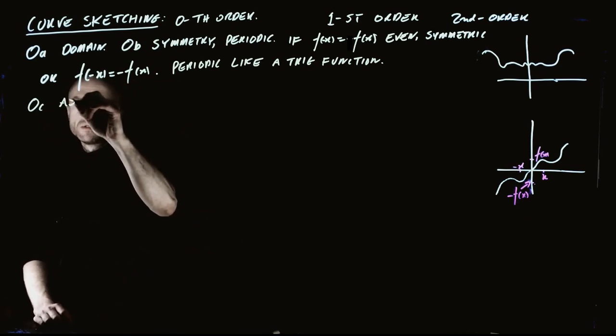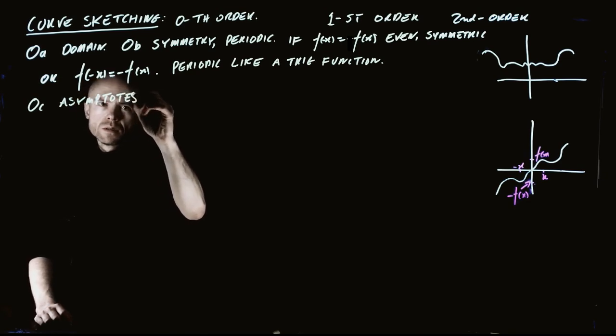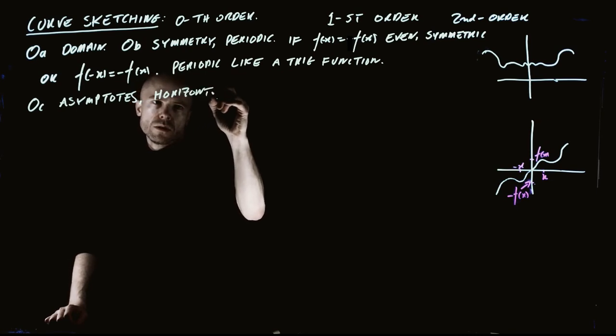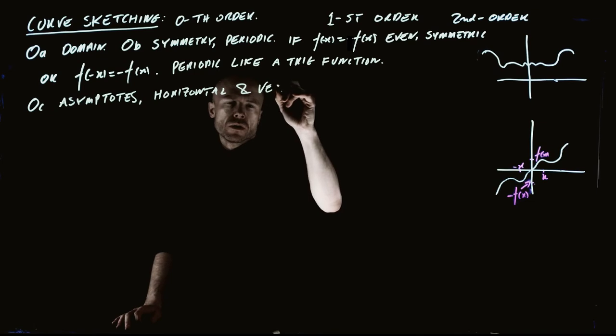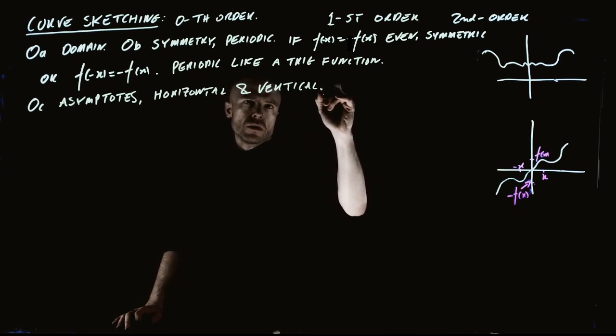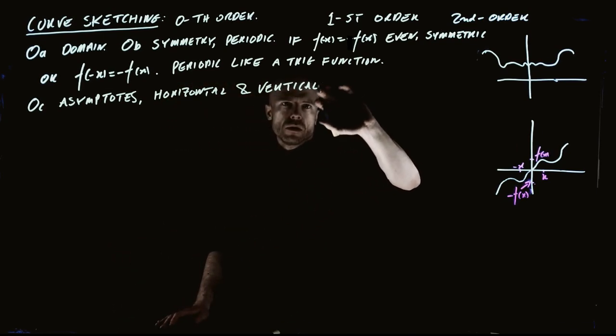Okay, 0c, asymptotes. Horizontal and vertical. Later we're going to learn about something called the slant asymptote.